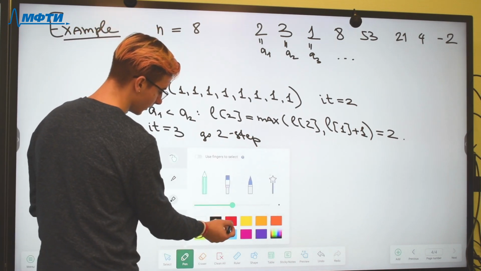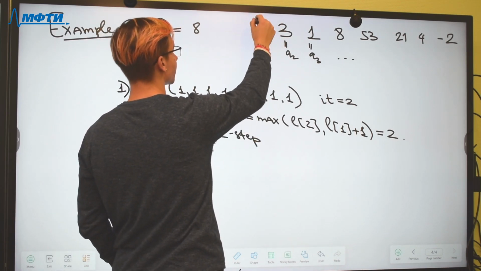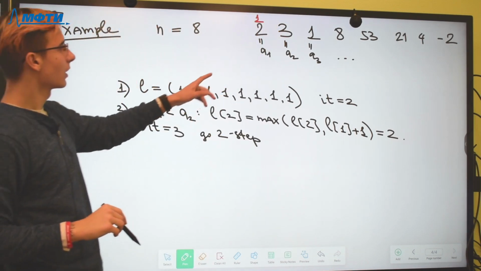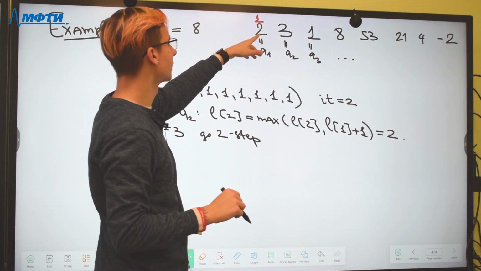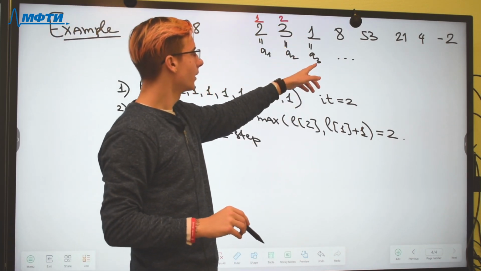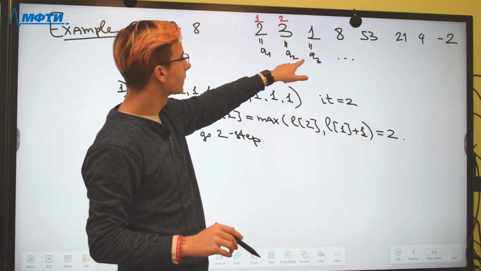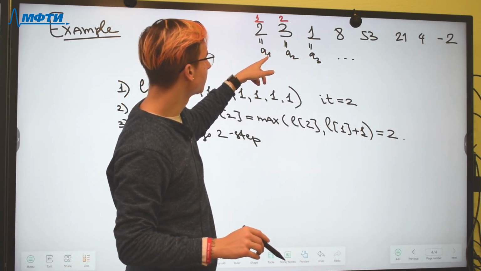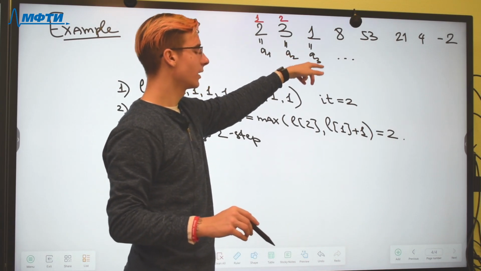I write these numbers over the numbers in this sequence: the longest increasing subsequence that ends with the first number is equal to 1, here 2. Here we compare a3 and the previous a's and say that there are no numbers that are less than a3.